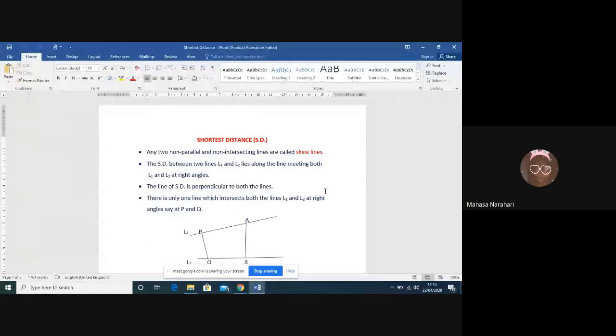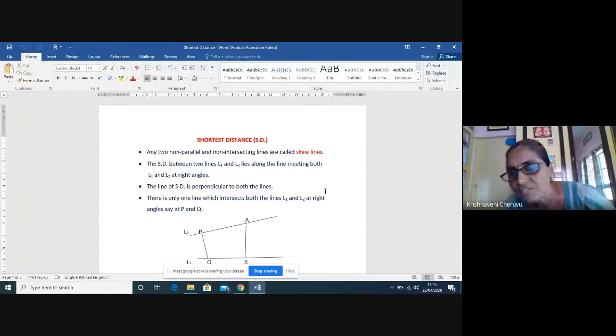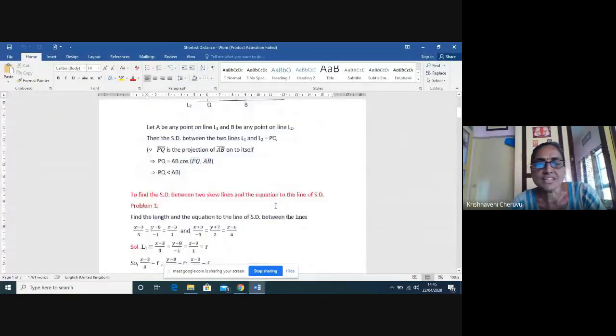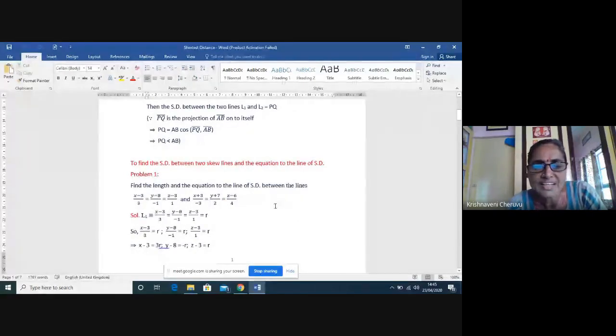I just revised what all I did so far in this shortest distance, girls. Yesterday in the class, I explained what exactly the shortest distance between two skew lines is. Afterwards, I took two lines which are both in symmetric form, and I found out the shortest distance between those two lines, and also the equation of the line of shortest distance.